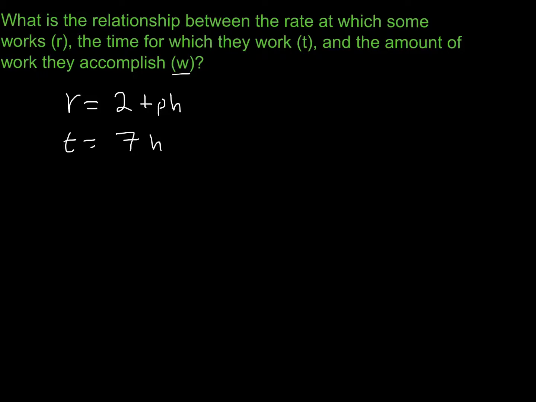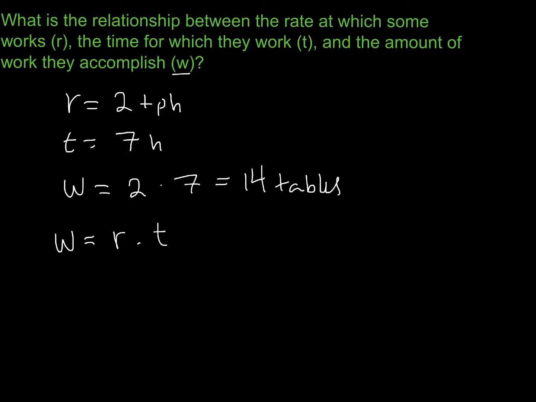The amount of work that you get done, the number of tables you produce, is going to be the number of tables you produce per hour times the number of hours you work, or 14 tables. And so we can see the relationship, which is that the work you get done is equal to the rate at which you're working times the amount of time that you're spending on it.